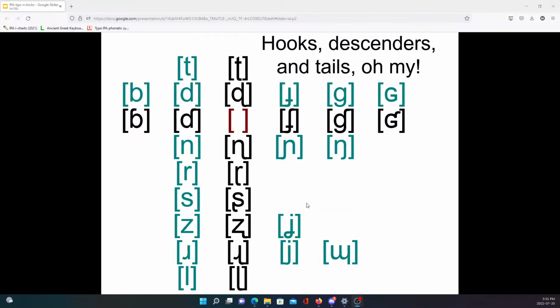The other descenders that we see: many of the palatal symbols have a left curling tail. So the voiced plosive, the voiced implosive, the palatal nasal, all have curling tails. The voiced fricative, curling all the way around, and then the approximant, the y sound.